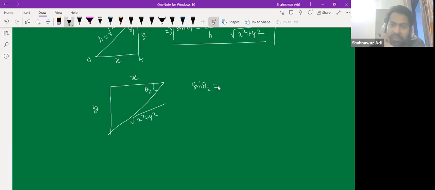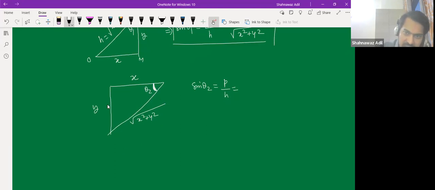Tariq and Chavez, you guys tell. What would be sine theta 2, Tariq? Again, P by H. What is the perpendicular for theta 2?